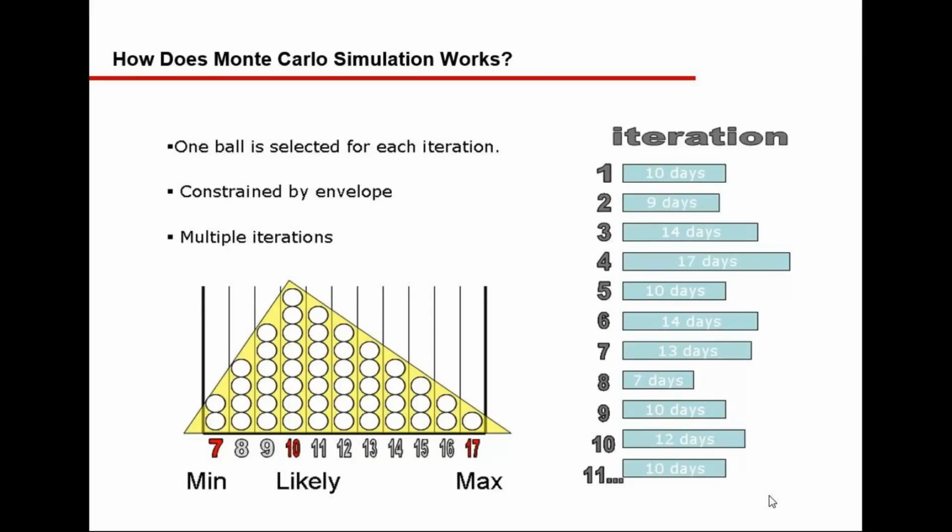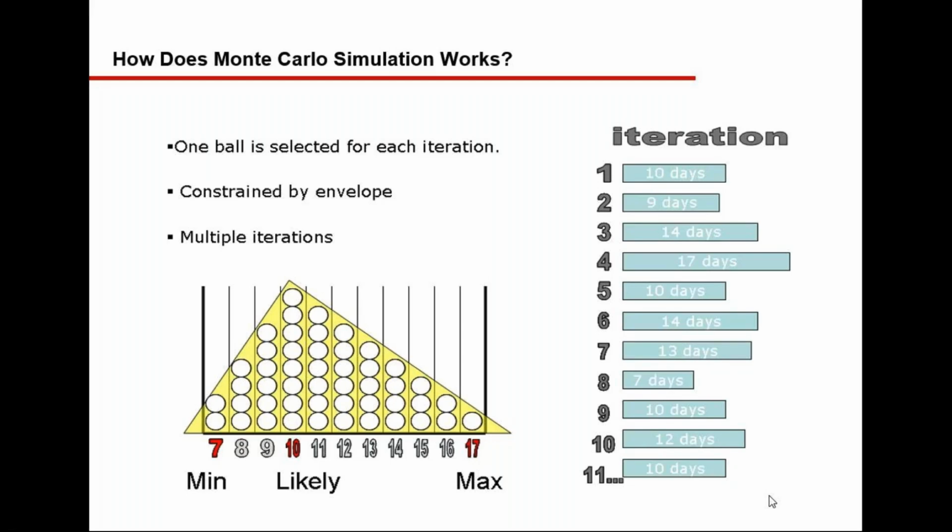You have minimum and maximum values given for every activity, both in terms of duration as well as the resource cost. Between these boundary values, you will be selecting something called most likely. Now there will be different numbers of iterations, let's say 1000 iterations.